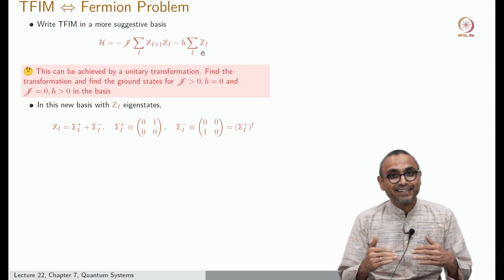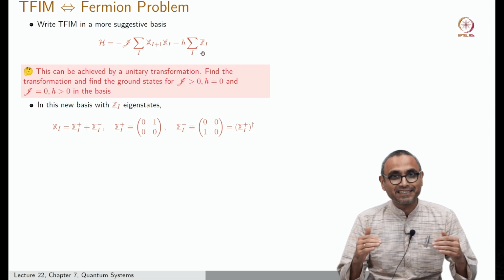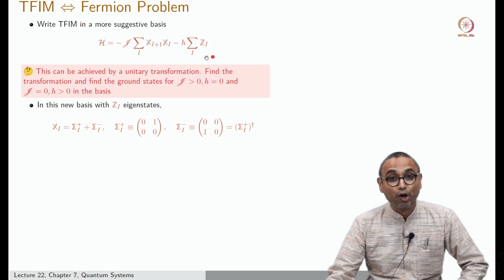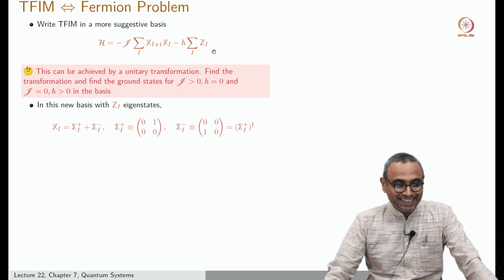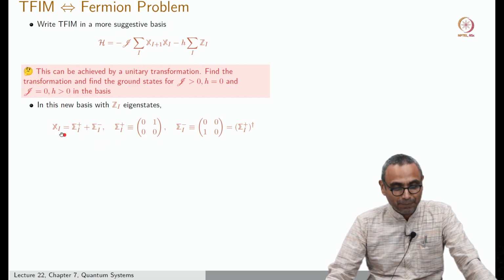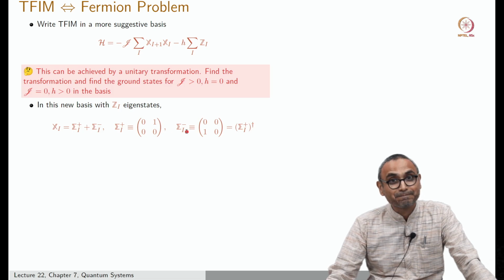So we write all operators in the basis of z operators on each qubit. When we do that, we see something very interesting. We see that this x operator looks like sigma plus plus sigma minus, where sigma plus is this and sigma minus is this.